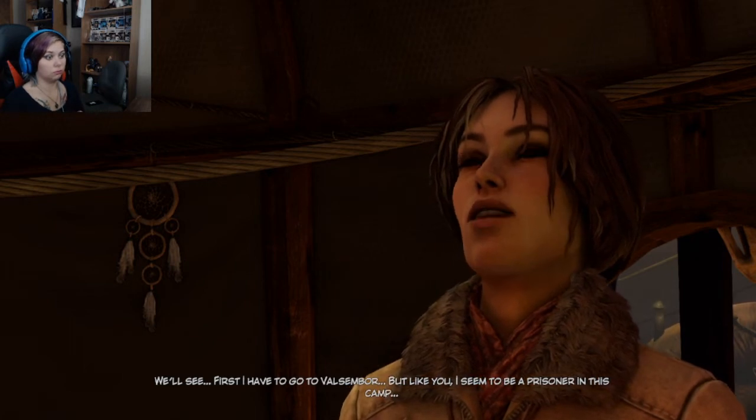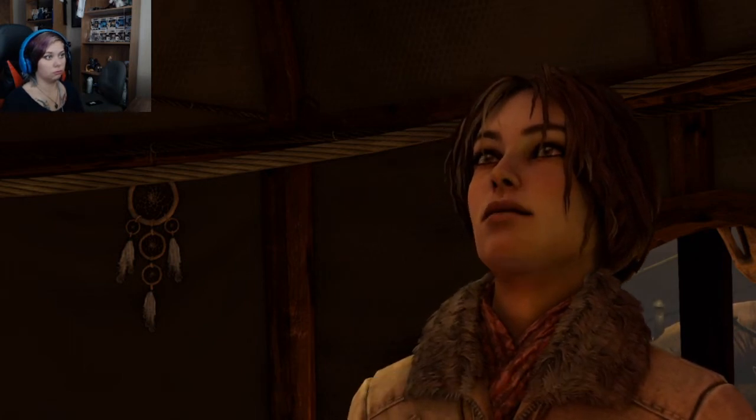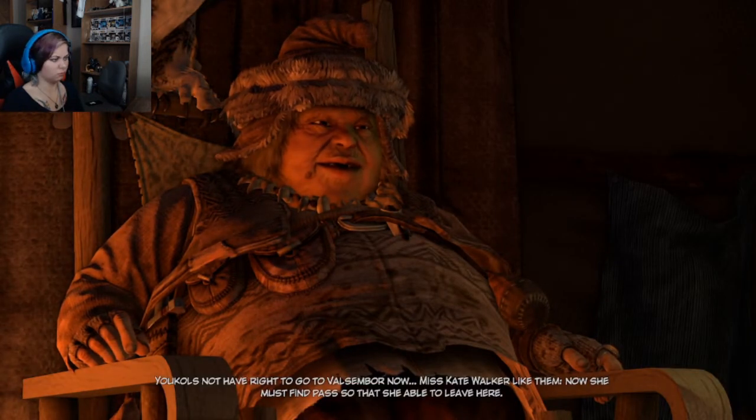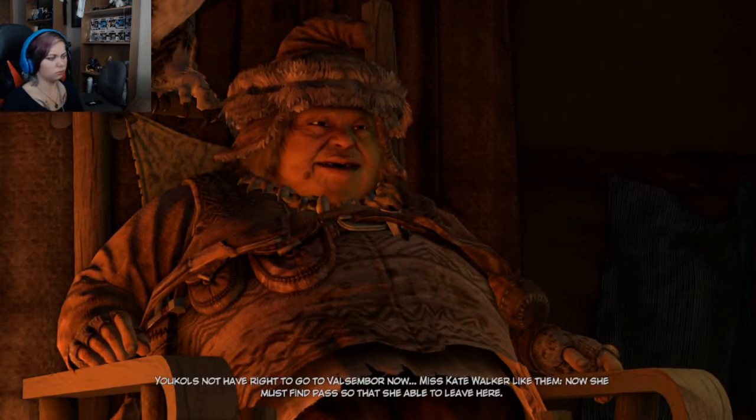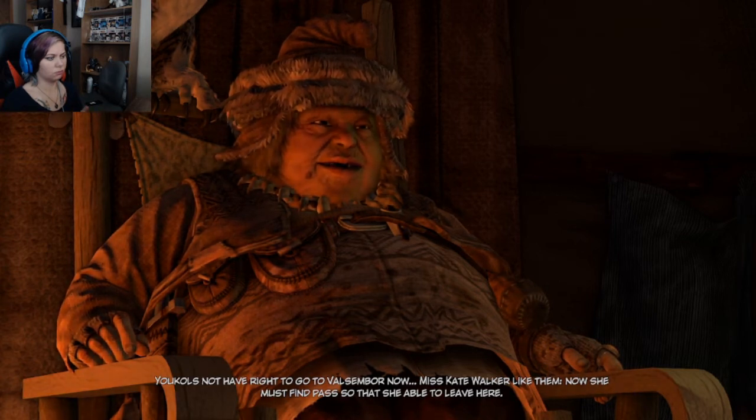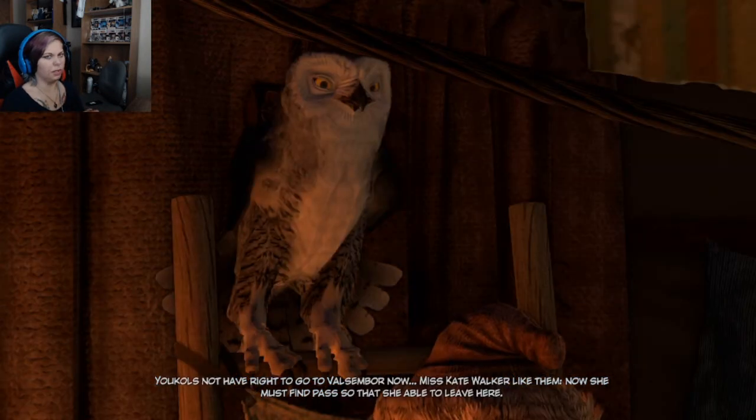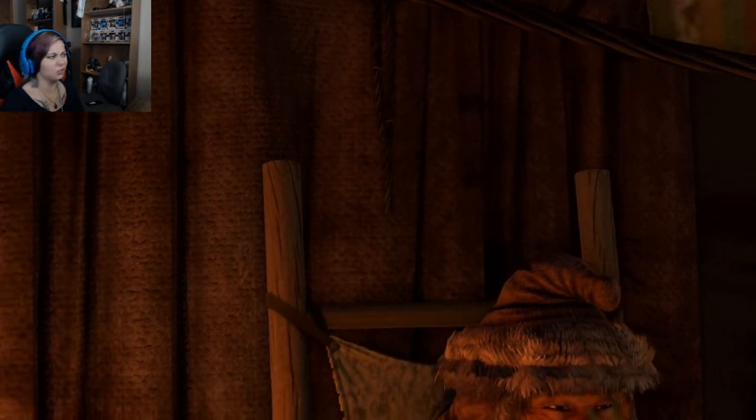But like you, I seem to be a prisoner in this camp. Yukos not have right to go to Valsambor now. Miss Kate Walker like them. Now she must find pass so that she able to leave here. Wait, why can't I leave the village?